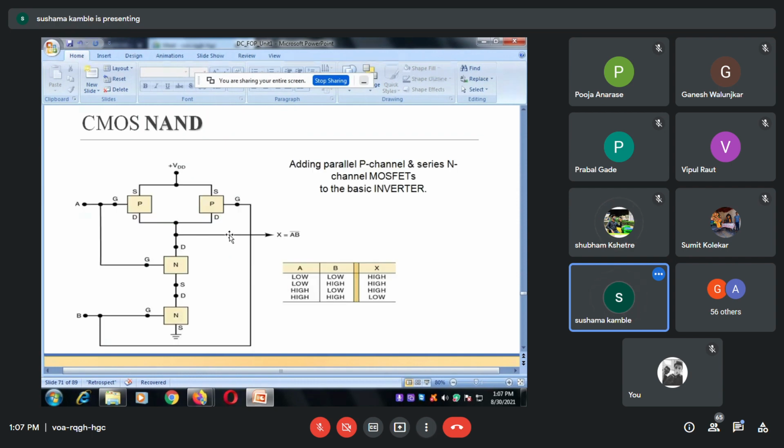Similarly here, whenever these both PMOS are on or any one of the PMOS is on, you will get output as high. And if any one of the NMOS is on, you can't say, you have to turn on both NMOS, then only you will get the low output because it is connected to the ground.